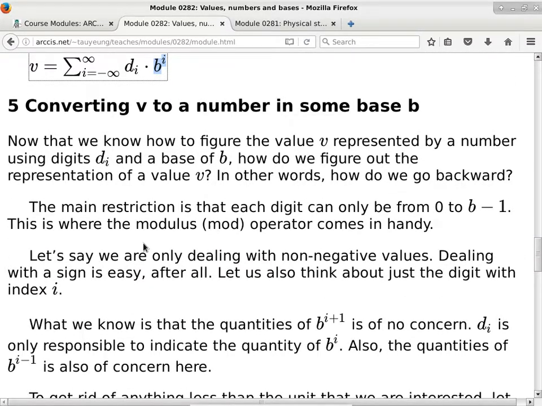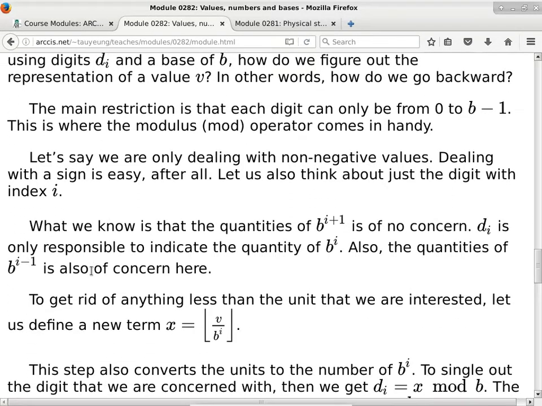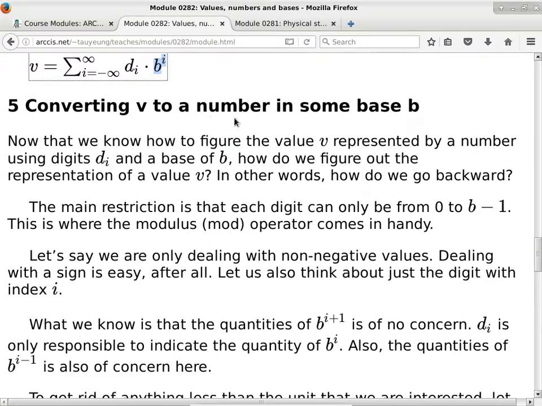Section 5 talks about the other way around. How do you convert a value v to a number in some particular base? So it's going backwards. I'm skipping this section for now, because we don't really have a need for general purpose conversion into any arbitrary base. Binary is basically what we are mostly concerned about.